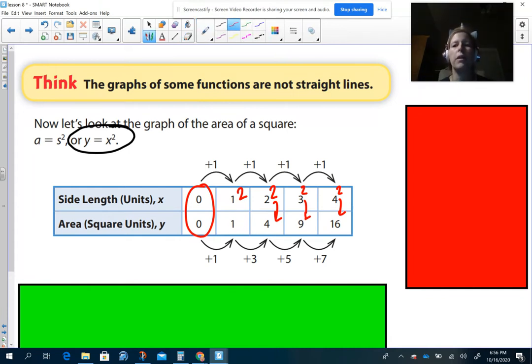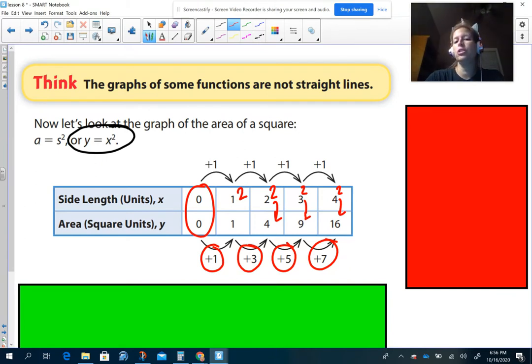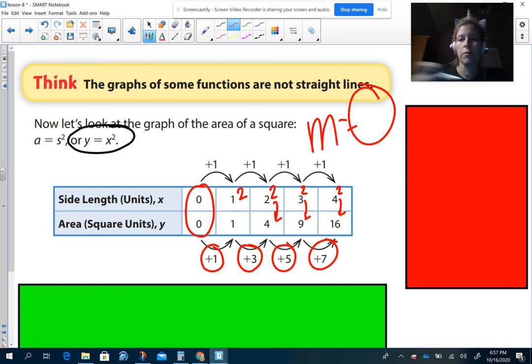But look what happens to our rate of change. When we do our rate of change, is it constant? It is not constant at all. By 1, by 3, by 5, by 7. So I can't just say my rate of change is one number.